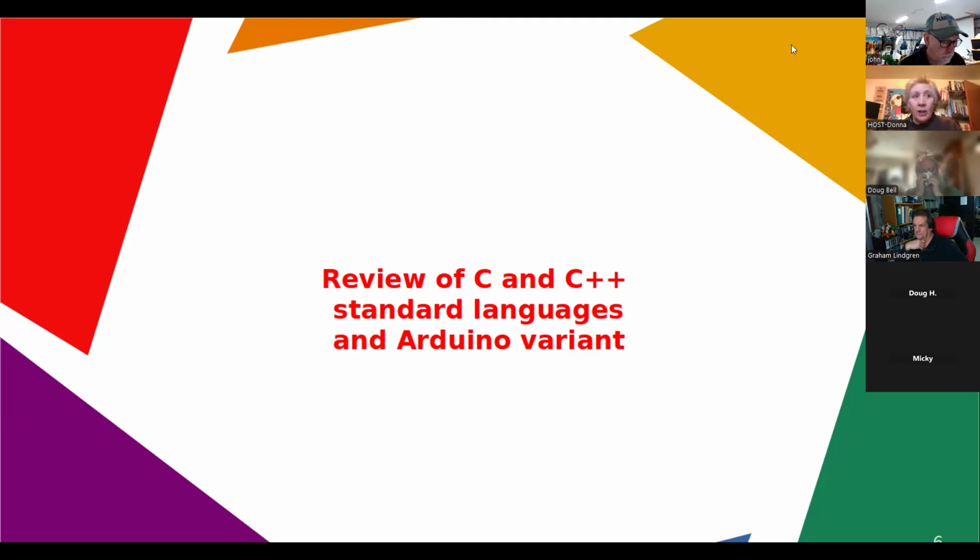And that's where the Arduino library reference manual comes into play, and other resources that we're going to be getting into today to help you really understand what is actually available on the library side, on the C or C++ side, for the implementations that are available on Arduino, and that are not.